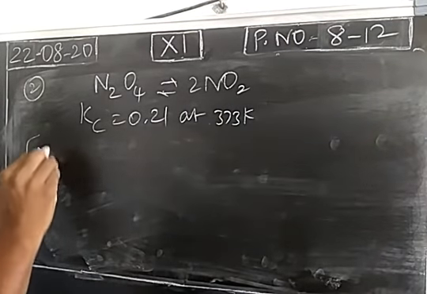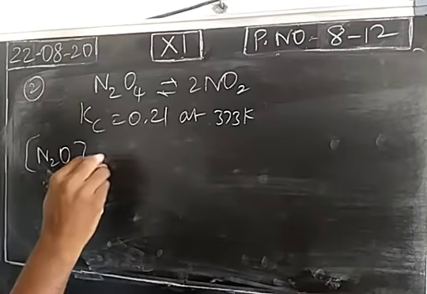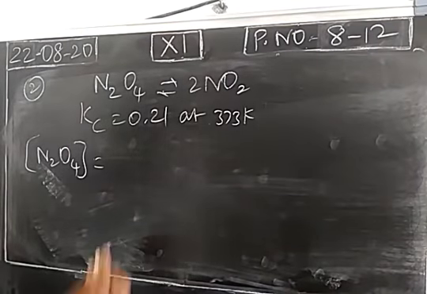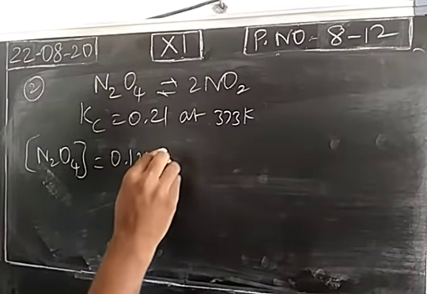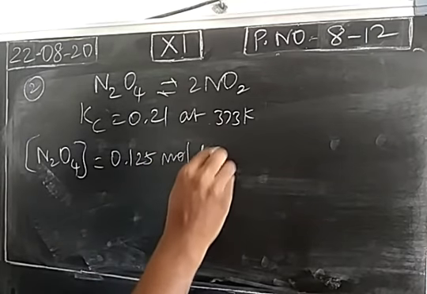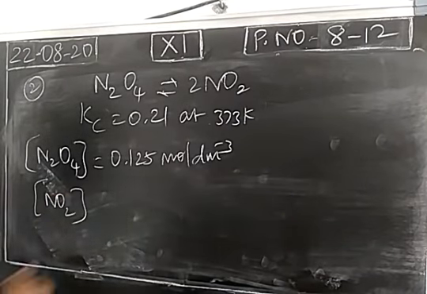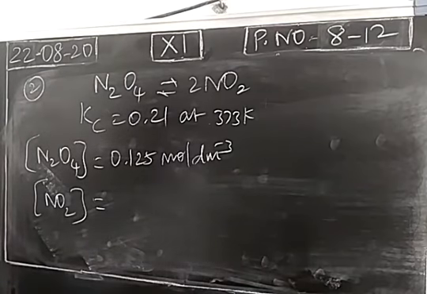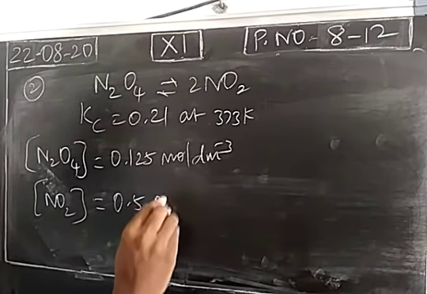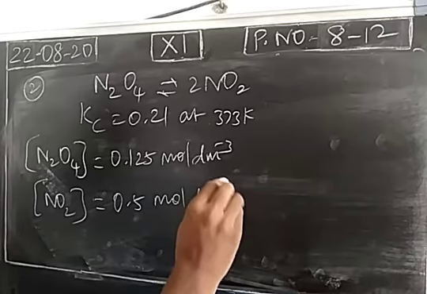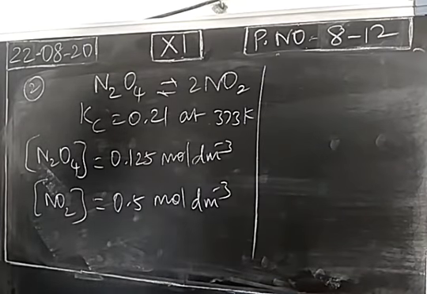Concentration of reactant dinitrogen tetroxide is given as 0.125 mole per decimeter cube, and the product nitrogen dioxide concentration is given as 0.5 mole per decimeter cube. So we have to calculate reaction quotient Q.